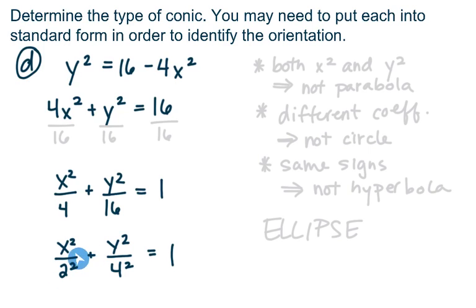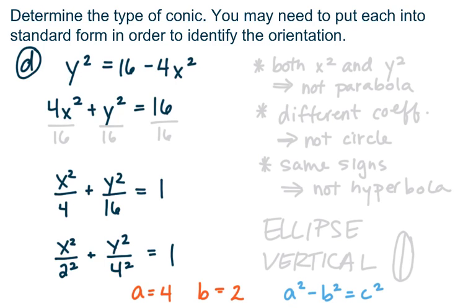But here, we don't have any specific order because I could reverse these and it would mean the same thing. So the larger number, this means we have a vertical, I should say vertical because it's under y, a vertical major axis ellipse. So in this situation, again, we have a vertical transverse axis or major axis ellipse.